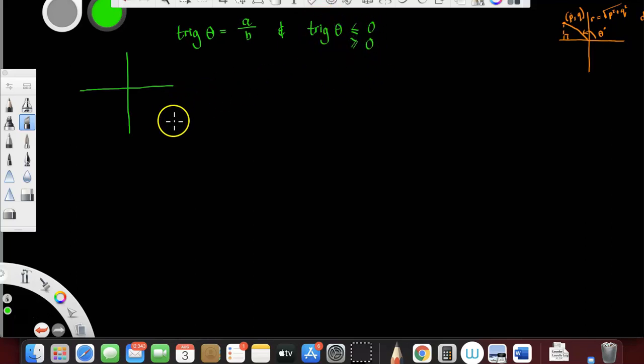The whole idea is that you use your CAST diagram to first figure out in which quadrant this triangle lies. Let's say sine is positive and cos is negative. Where's sine positive? Here and there. Where is cos negative? Here and here.